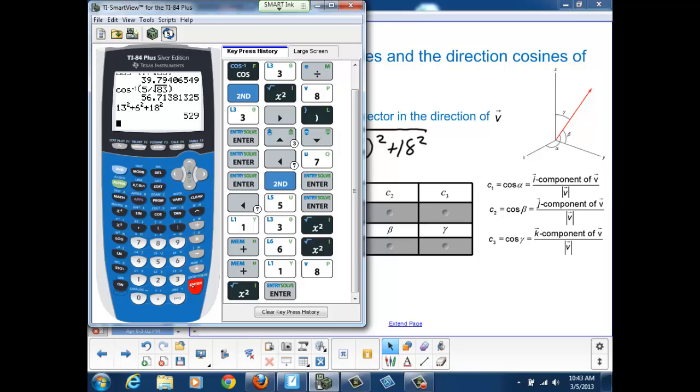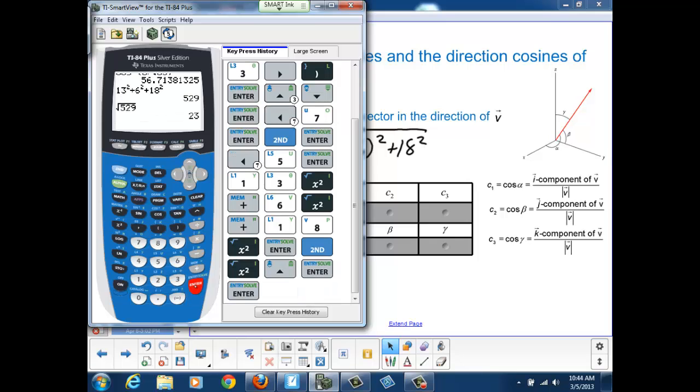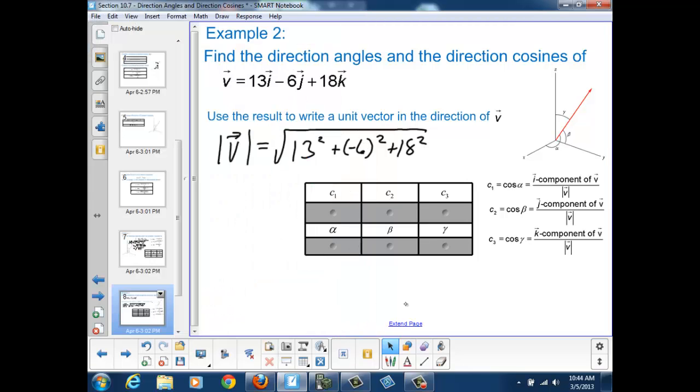Let's just see, the square root of the answer turns out to be a nice round number, 23. So that magnitude we determined to be 23.